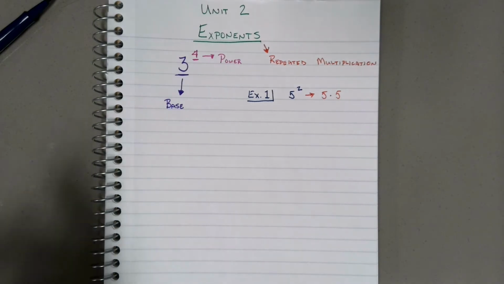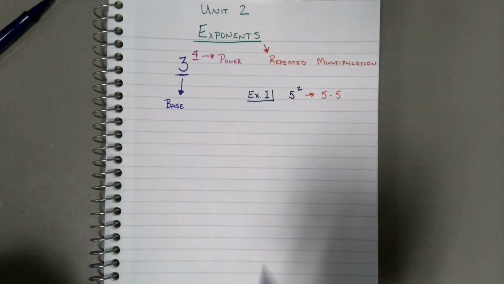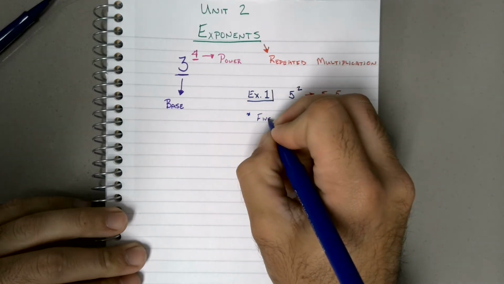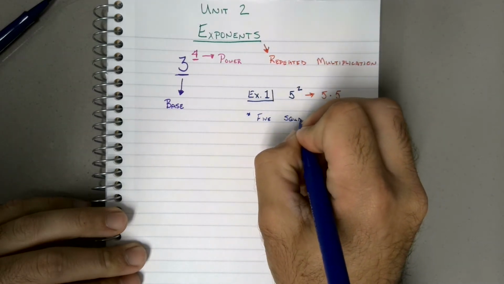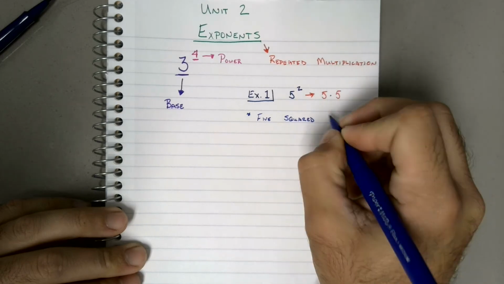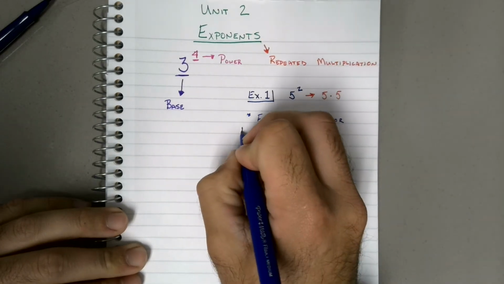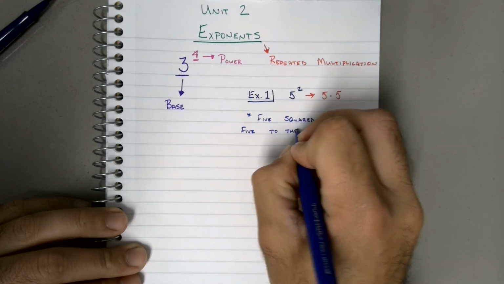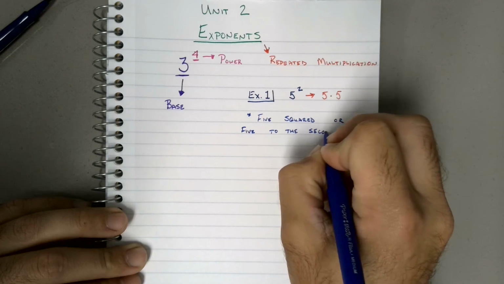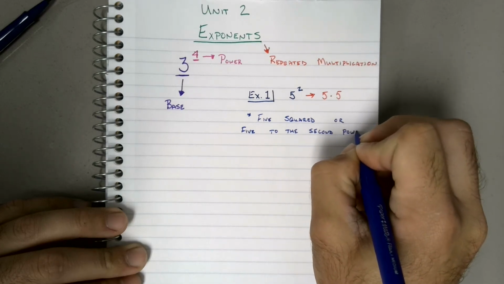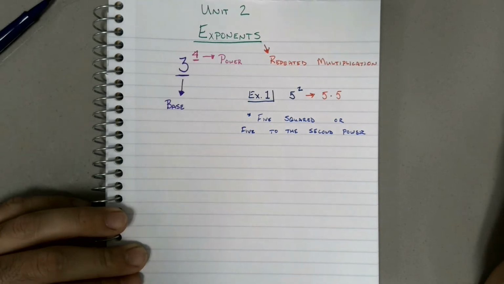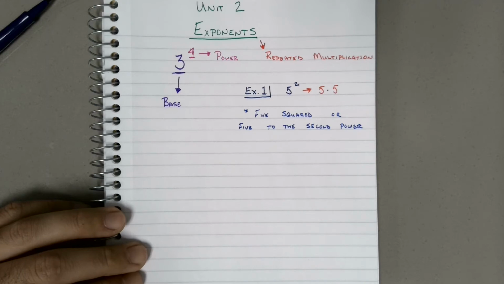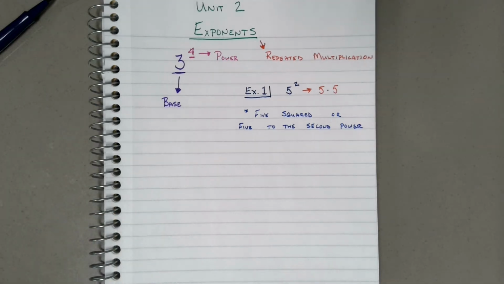All right, the way we say this, this would be said 5 squared, or you could say 5 to the 2nd power. And that's how we would say that. So whenever I say things like 8 to the power of 4, that means 8 to the 4th power. All right, and that's how that would look, and that's how we would say that.